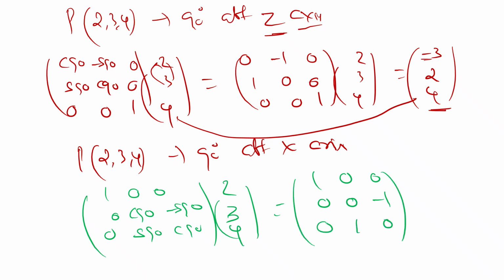This should be multiplied by 2, 3, 4. So let's multiply. This becomes 2, then minus 4, and then 3. Since this is about the x-axis, the x coordinate won't change, but there is a swap between 3 and 4, with a minus sign.